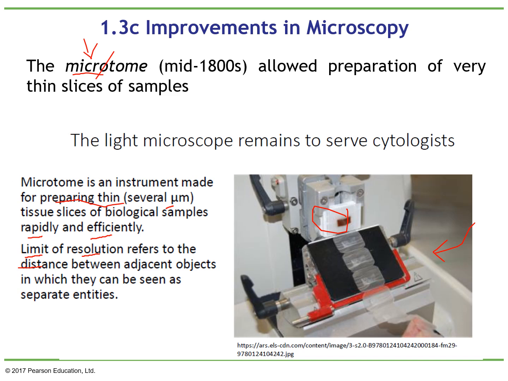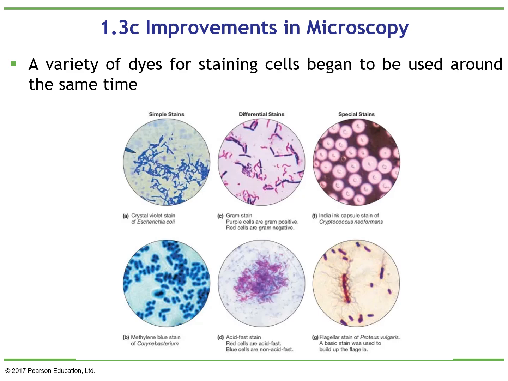It would be a waste of time. To do that, you will use a different type of microscopy that we will talk about later. So the microtome is a very good tool. It allows you to make very thin slices, and it has some benefits and some disadvantages, but it's a wonderful tool to use.